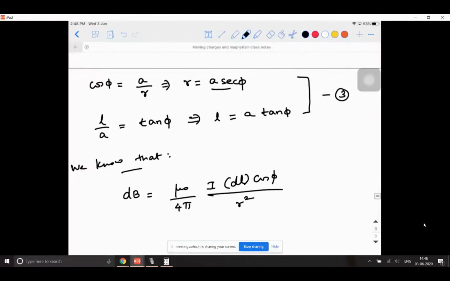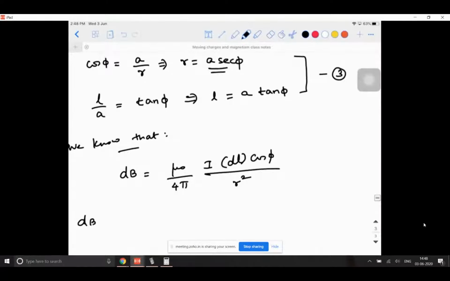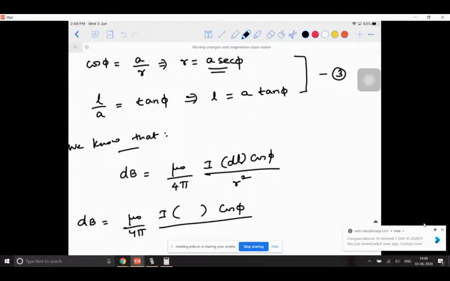Now I am going to use these values here. When I substitute it, dB is equal to mu naught by 4 pi, I is I only, let dl be here, cos phi. In the place of r, I can write a secant phi. So I will write it as a secant phi the whole square.